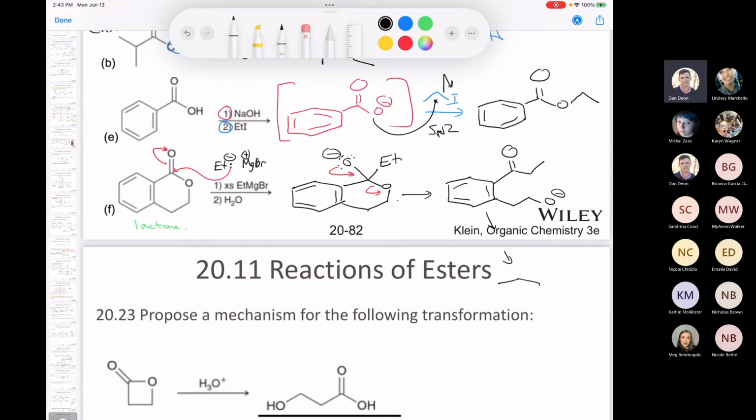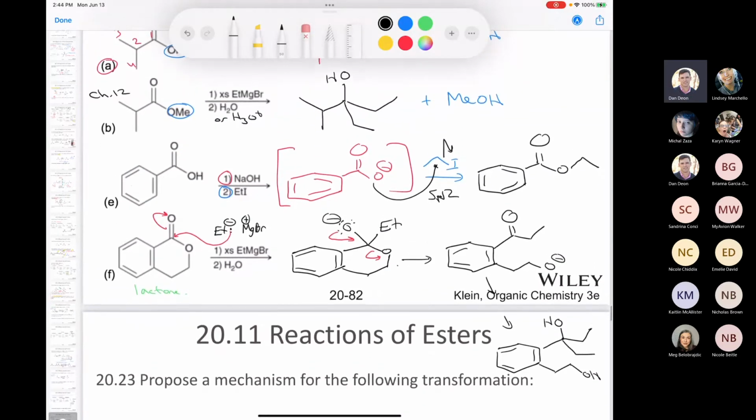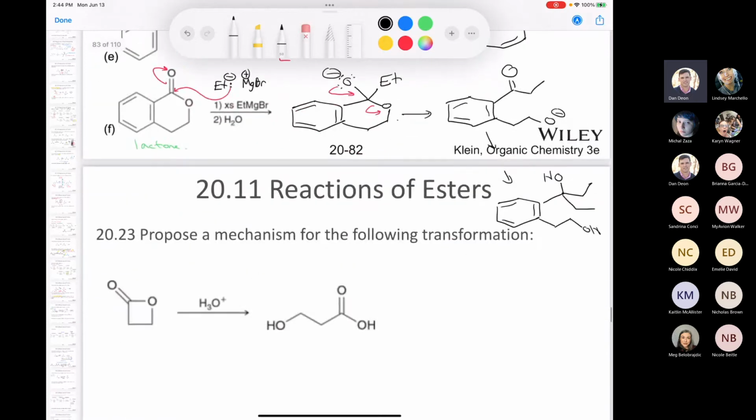You're going to end up with this as your product, where after protonation, you're going to have an alcohol here, and then you're going to have a tertiary alcohol up here with 1, 2 ethyl groups on it. All right, there we go. So I kind of ran out of space on that one, but hopefully you get my drift on that one.